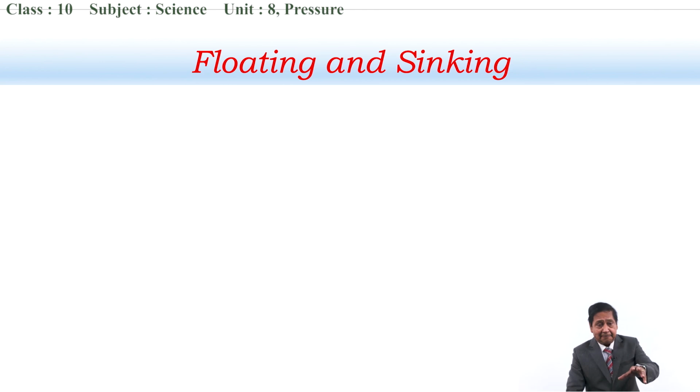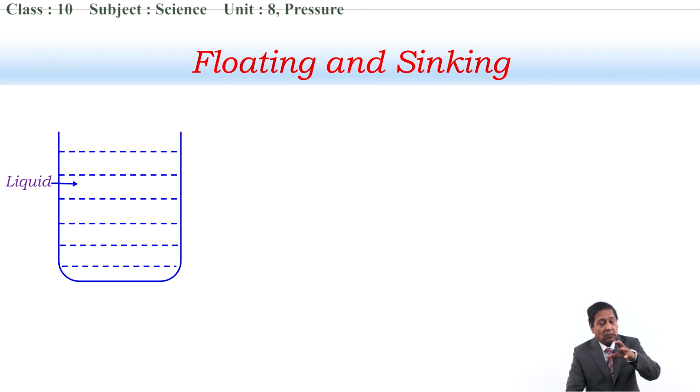Okay, let's start. Let's say this is water taken in a vessel, and if a solid body is placed in it, we may have 3 different conditions. The solid body may sink into the liquid like this. Sink means it goes to the bottom of the container and lands there. Or it may remain as suspension inside the liquid.